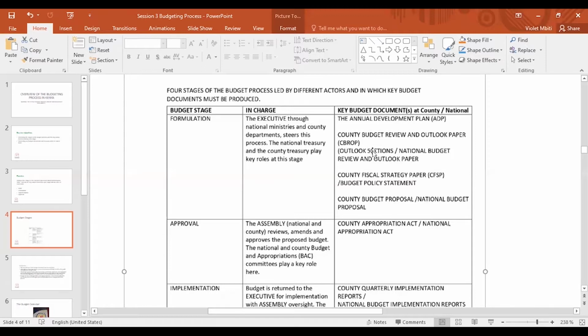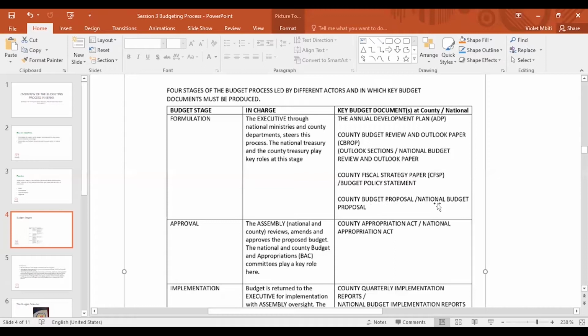The key budget documents at the county and national level are the annual development plan, the county budget review and outlook paper, and also the national budget review and outlook paper, the county fiscal strategy paper, which nationally is called the budget policy statement at the National Assembly, and then a county budget proposal or national budget proposal.